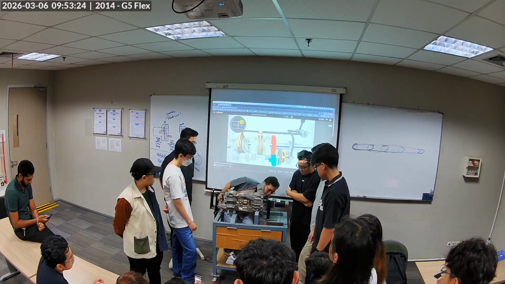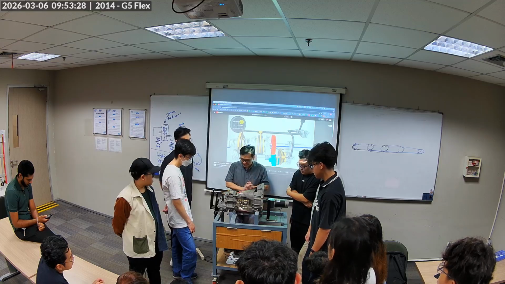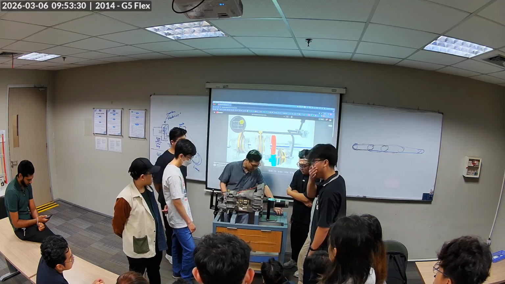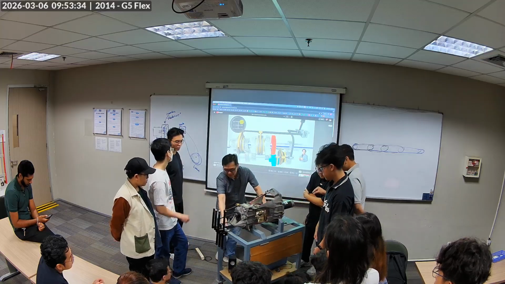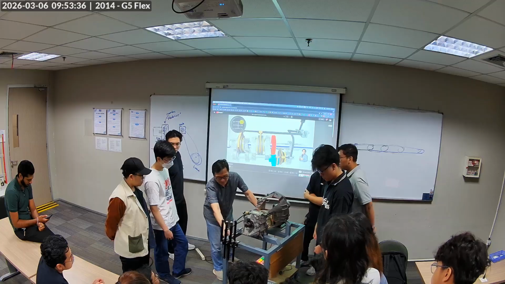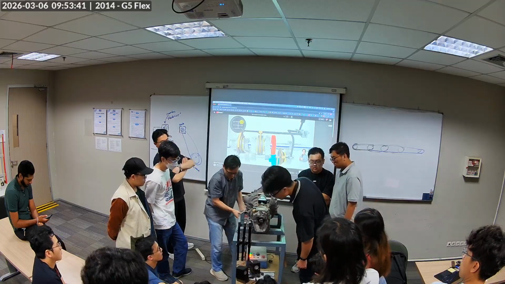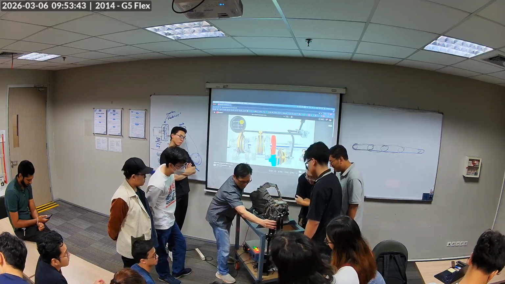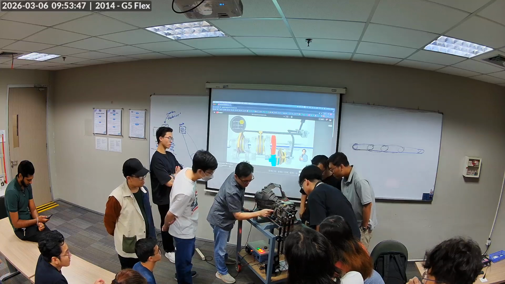So that's kind of the mechanism. So the shift fork, so you see here, it's connected to different arms. Okay. So this is the fork for 1, 2.